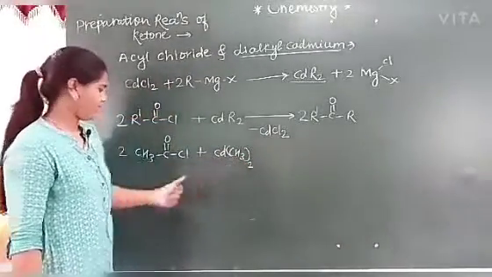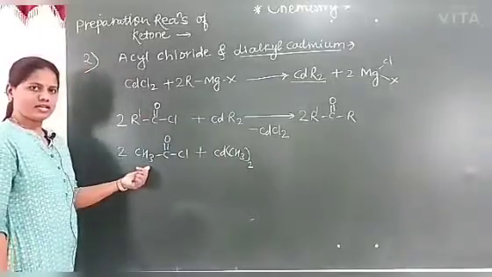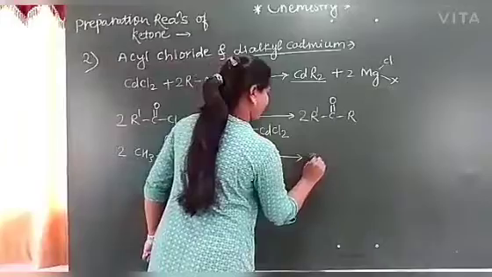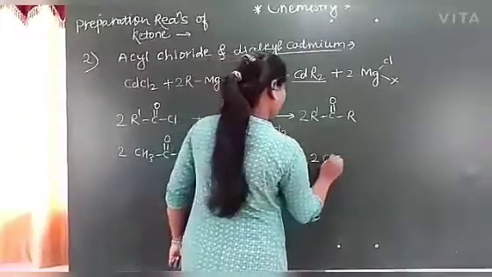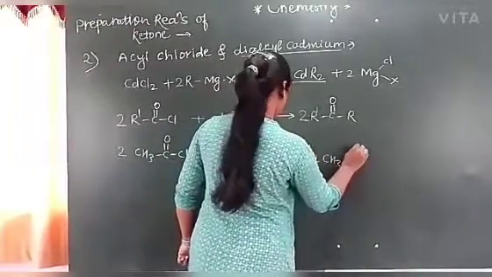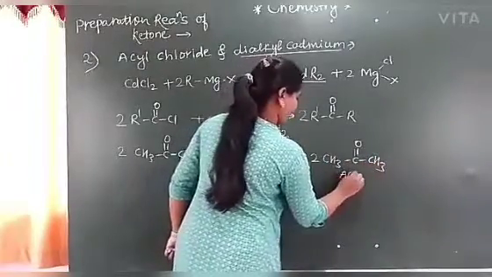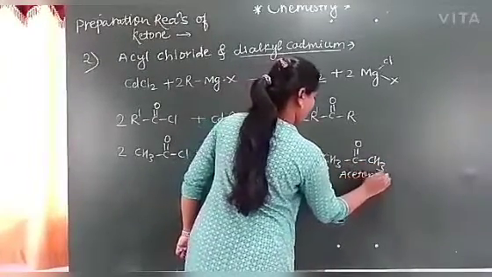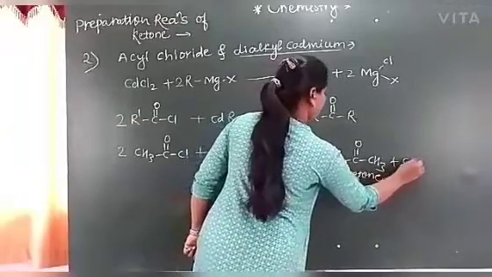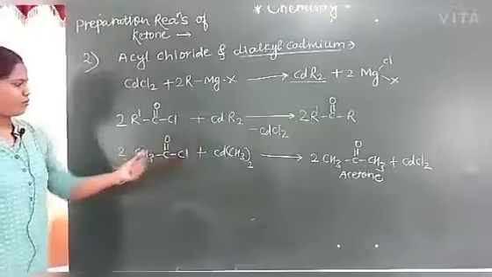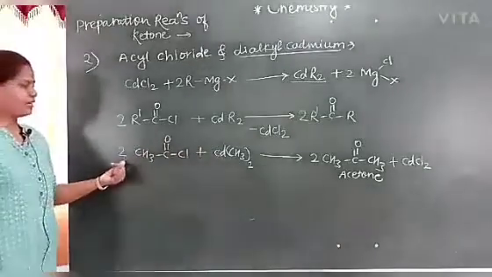Dimethyl cadmium, and this one is acetyl chloride. Then it forms 2 molecules of CH3 C double bond O CH3, acetone, and the byproduct is CdCl2, cadmium chloride. This I have formed here, aliphatic ketone.